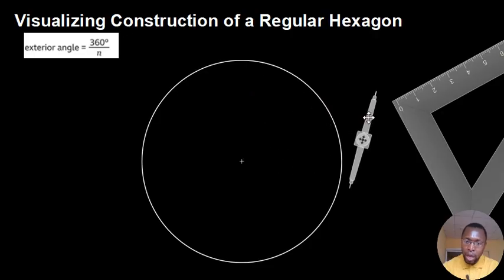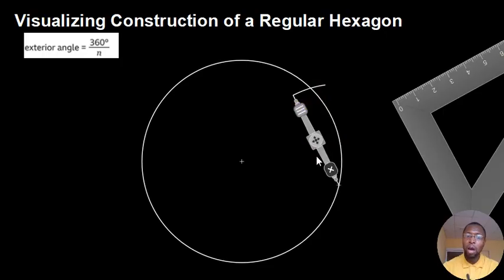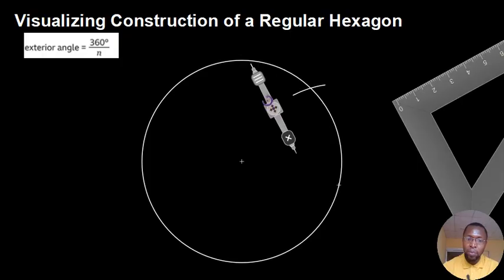Just place it at any point on the circumference of the circle. Mark the point where you are placing it, and then rotate your compass close to it in order to make an arc on the circumference of the circle. Having made an arc, without adjusting the radius of your compass, don't tamper with the radius.